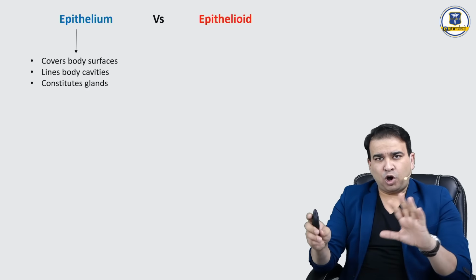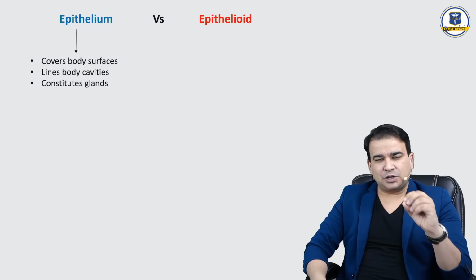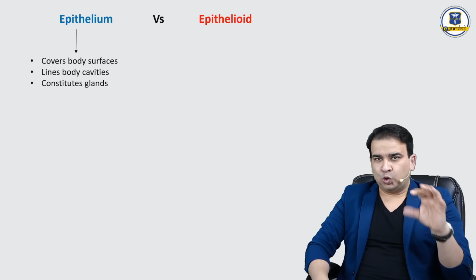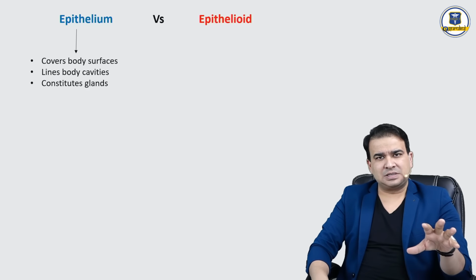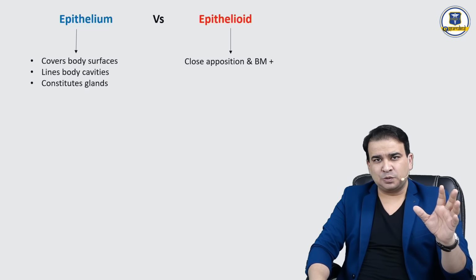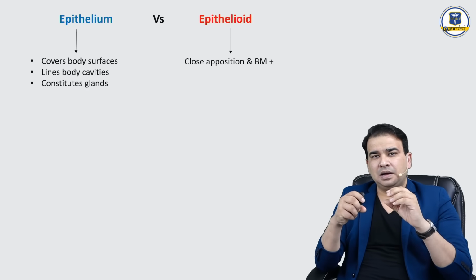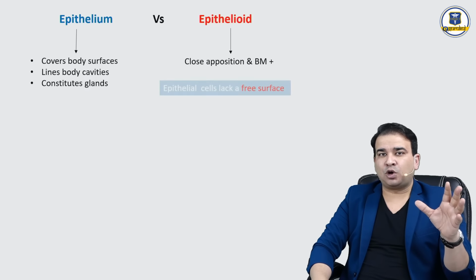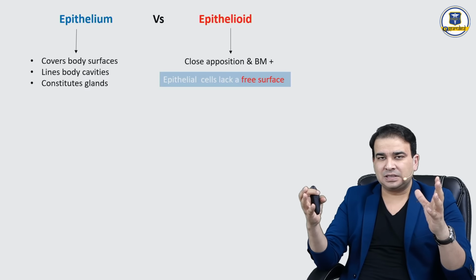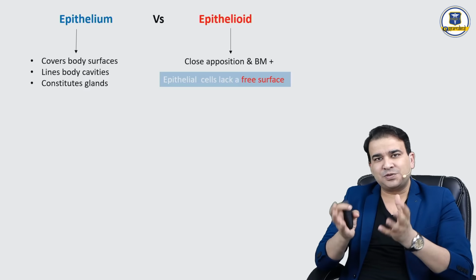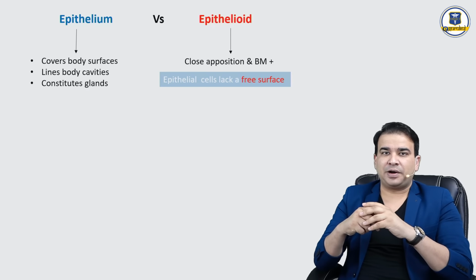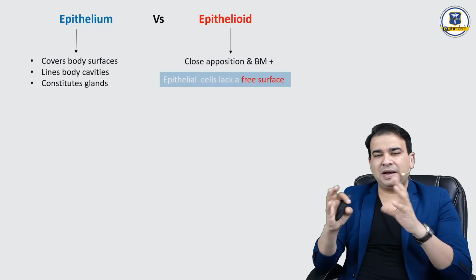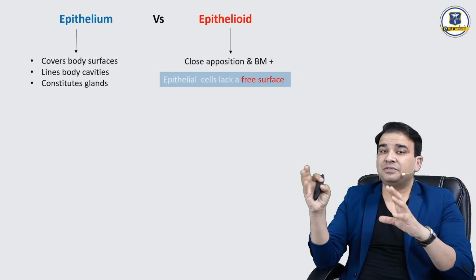In normal histology, epithelioid means those cells which have an appositional surface and a basement membrane, like the epithelium, but they do not have a free surface. If we don't have a free cell surface, then that cluster of cells is called epithelioid. So the main difference is that epithelioid cells do not have a free cell surface.